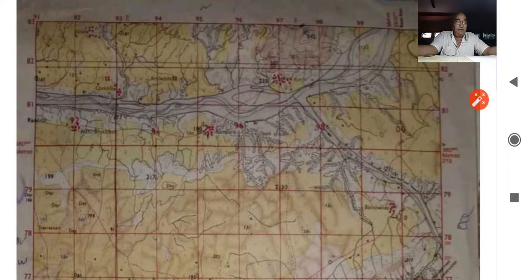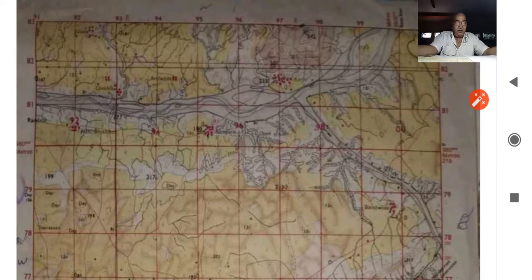Last, it is given black. All the names of the towns and villages, all the heights, scale, dry stream are given in black color.